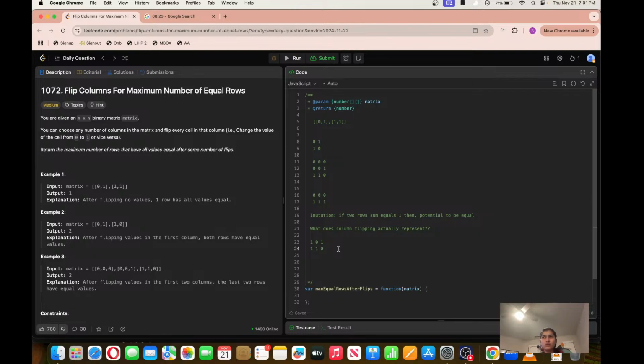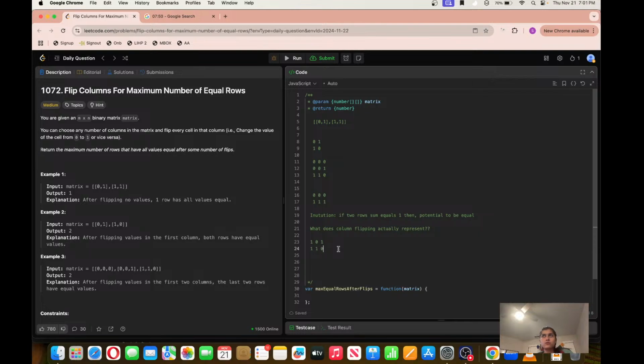Yeah, that's true actually. Another column is 0 and another one is 1. Column and rows, 1 and 0, 0 and 1, 1 0.